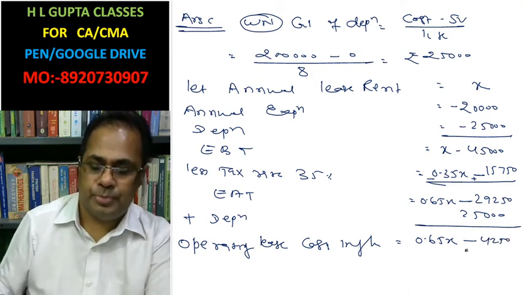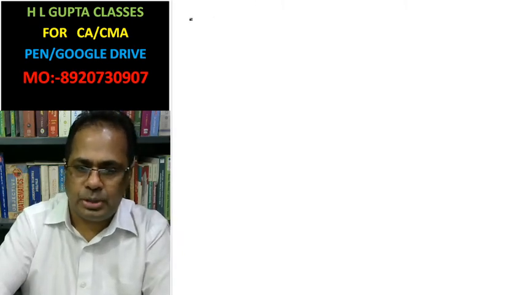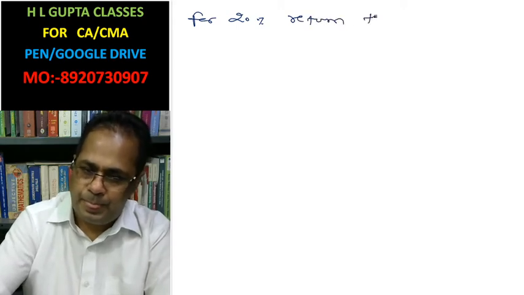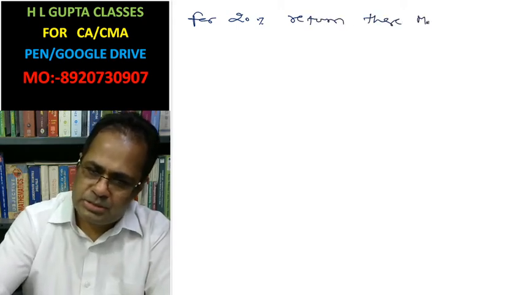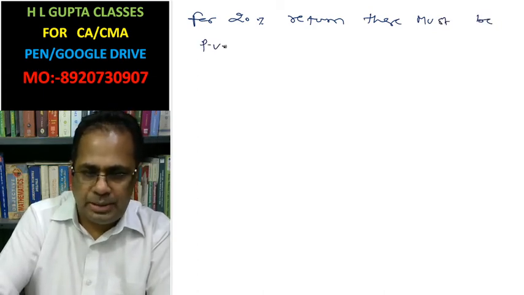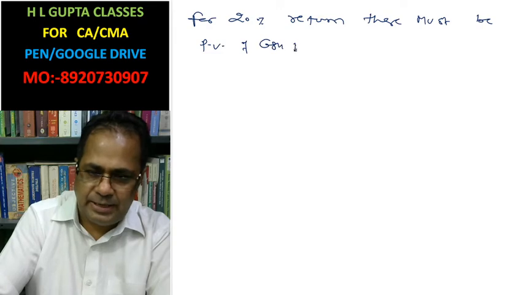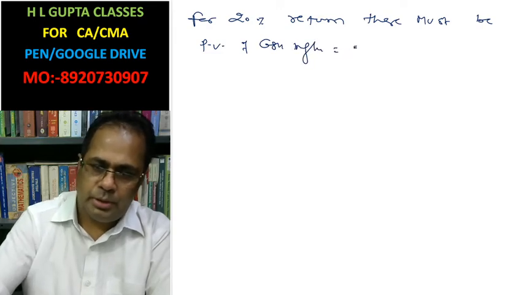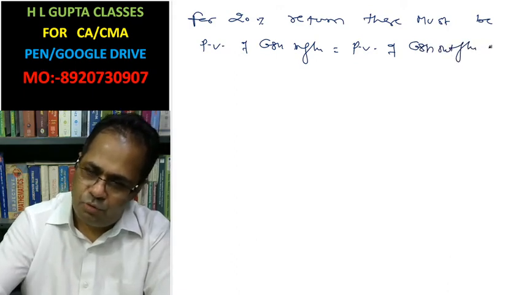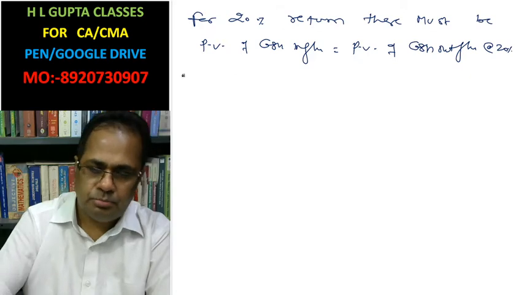For a 20% return, there must be present value of cash inflow equal to present value of cash outflow at the rate of 20%.